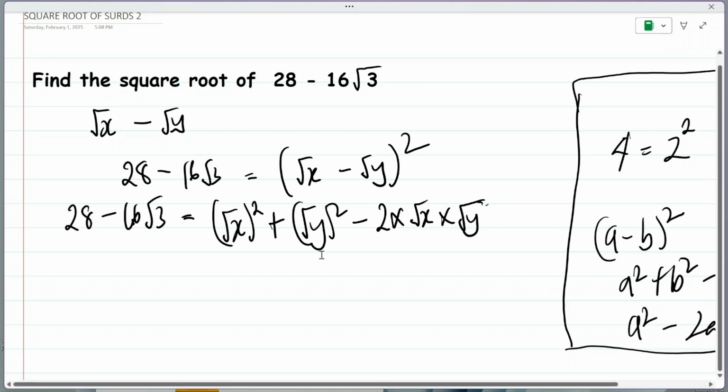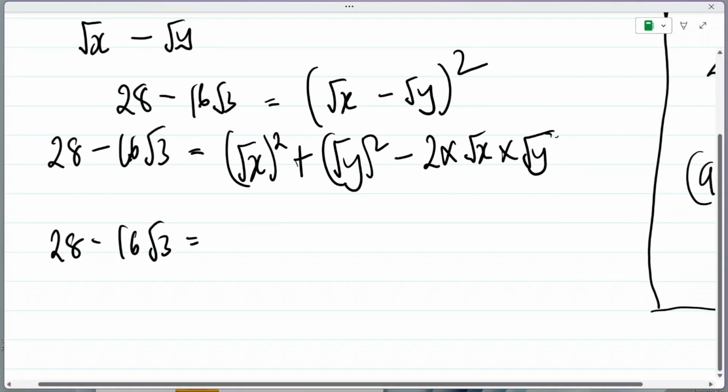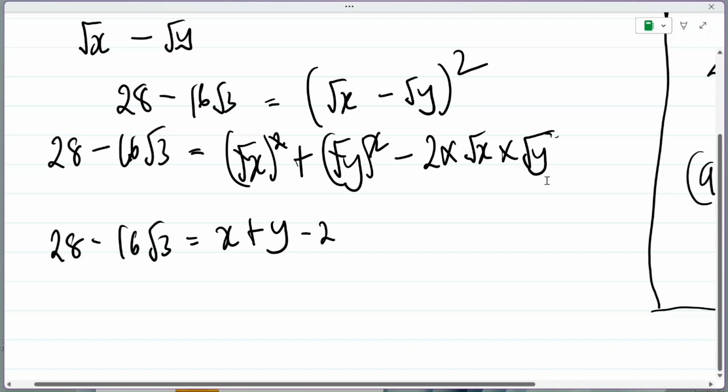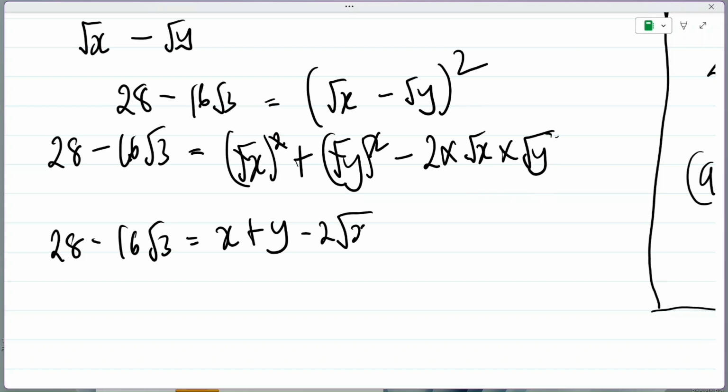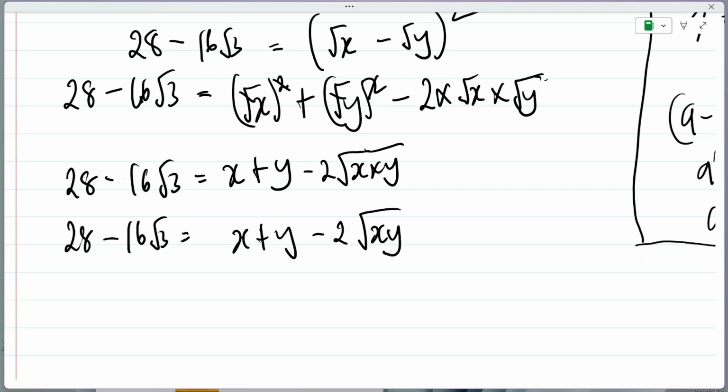On the next line, the square cancels the square root, so you'll be left with x, plus y. Then you have minus 2 root x times root y. So you have 28 minus 16 root 3 equals x plus y minus 2 square root xy.